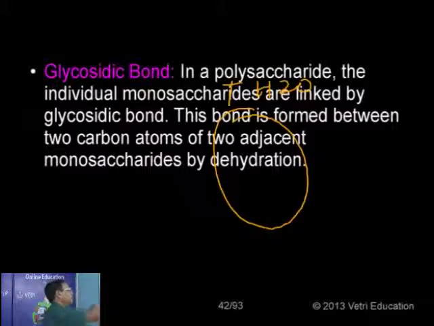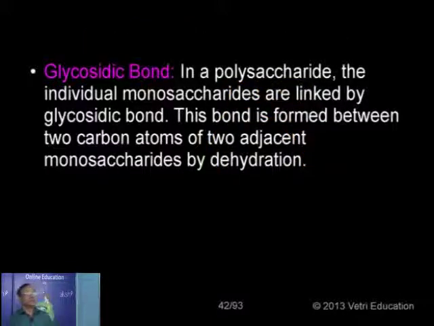So this is a peptide bond that is formed between the carboxyl group and the amino group. Now the second bond, glycosidic bond. It is normally formed between two sugar molecules in a polysaccharide. As mentioned already, individual monosaccharides in a polysaccharide are linked together by means of glycosidic bonds. It is normally formed between just two carbon atoms of the two monosaccharides.